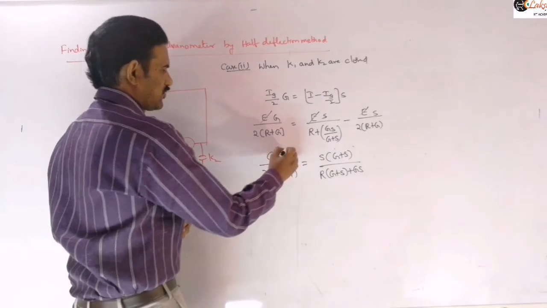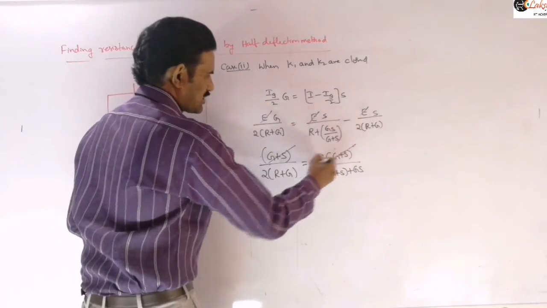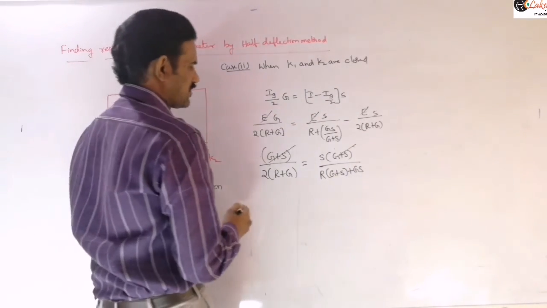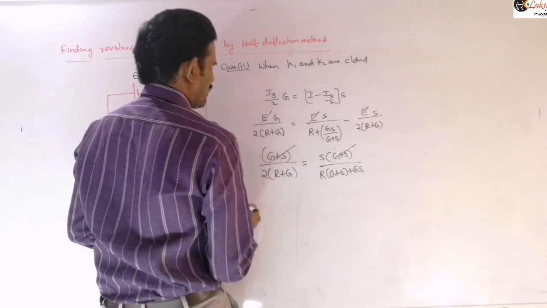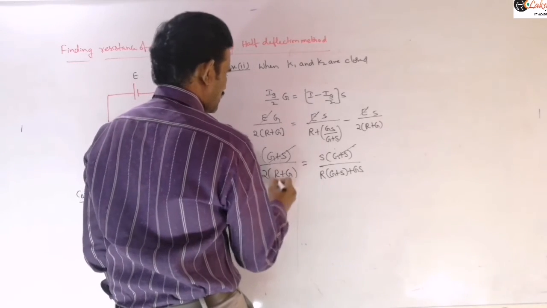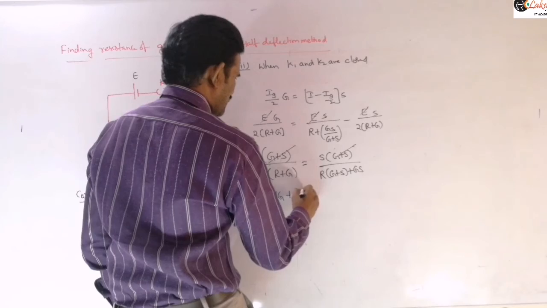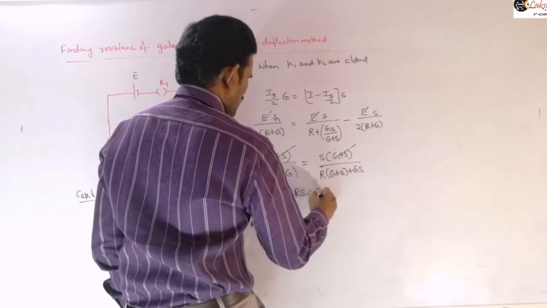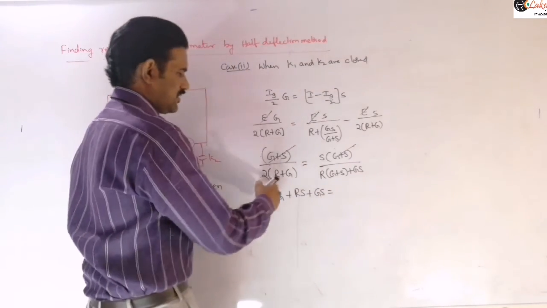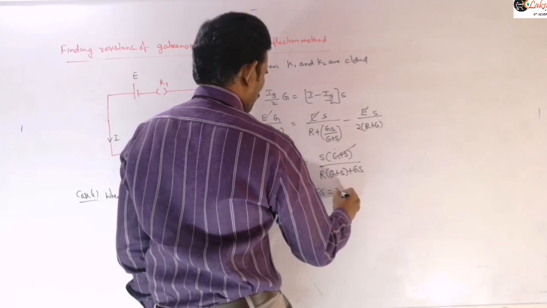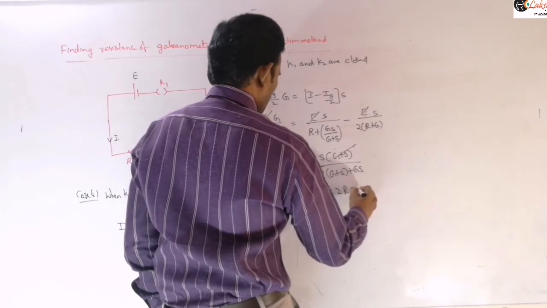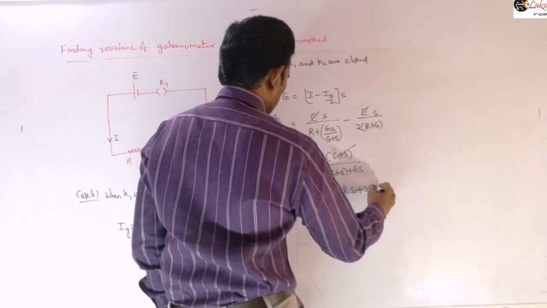Now this G plus S term can be cancelled on both sides. Now cross multiply and simplify. RG plus RS plus GS is equal to 2RS plus 2GS.